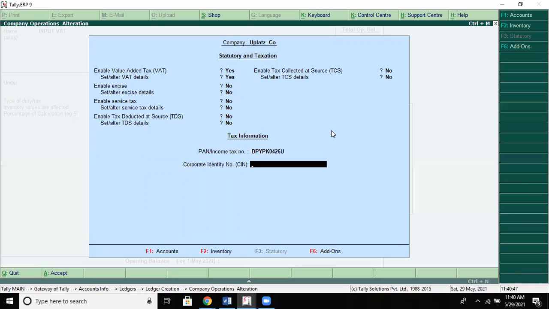Enter. Yes, CIN number. It is your company number. Whenever we register a company with the government, we usually get a CIN number, company identification number. As of now we'll maintain this.